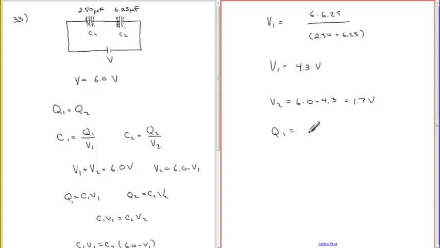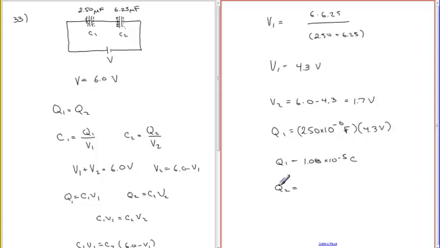So the charge on capacitor 1 is going to be C1, which is 2.5 times 10 to the minus 6 farads, times the voltage, which is 4.3 volts. So 2.5 e to the minus 6 times 4.3 gives you 1.08 times 10 to the minus 5 coulombs.